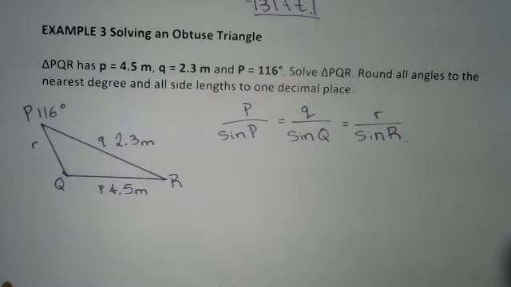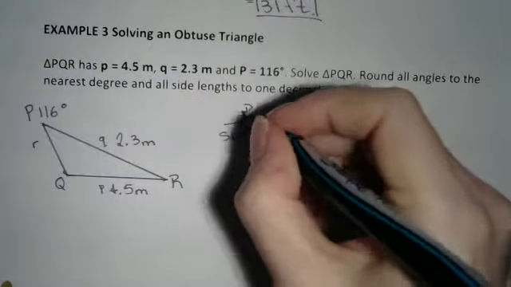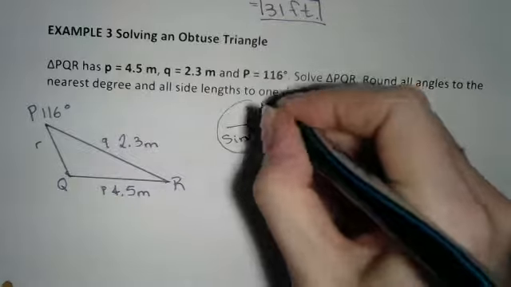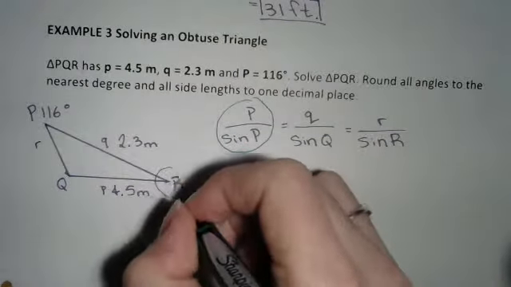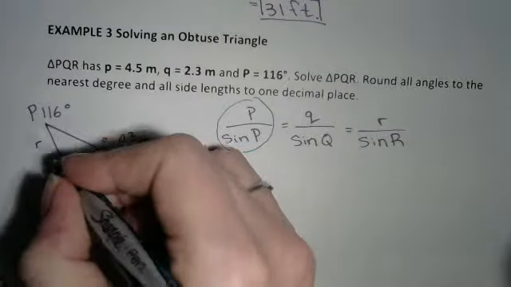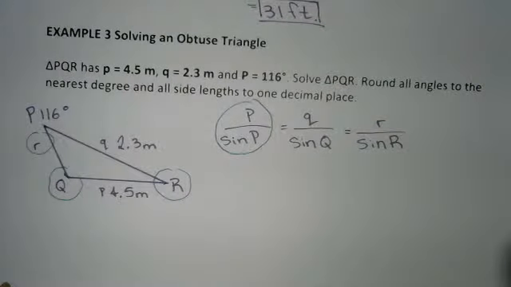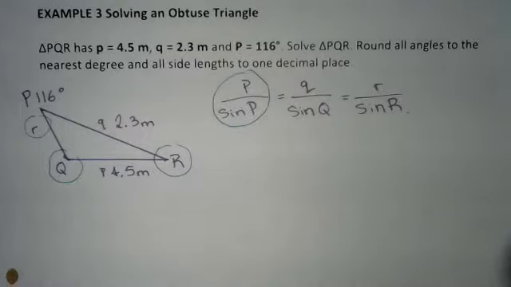We need to use the ratio that we know, which in this case is P. We know the angle for P and the side length. What we need to find is we don't know this angle, we don't know this angle, and we don't know this side.